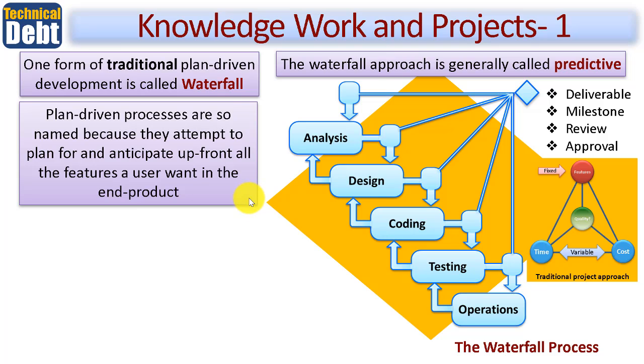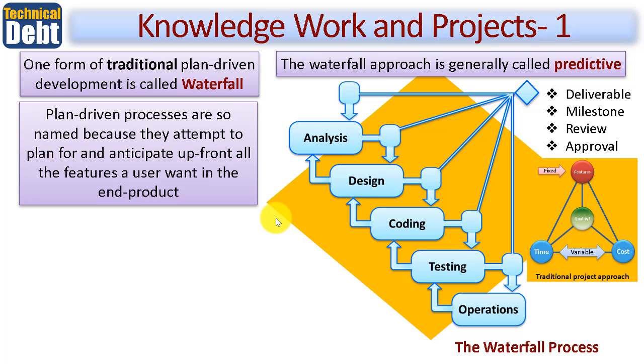So plan-driven processes, so named because they attempt to plan for and anticipate upfront all the features a user wants in the end product. In other words, you produce a detailed plan as part of analysis here, so that when you start design, everything you do thereafter is based on what the plan says.